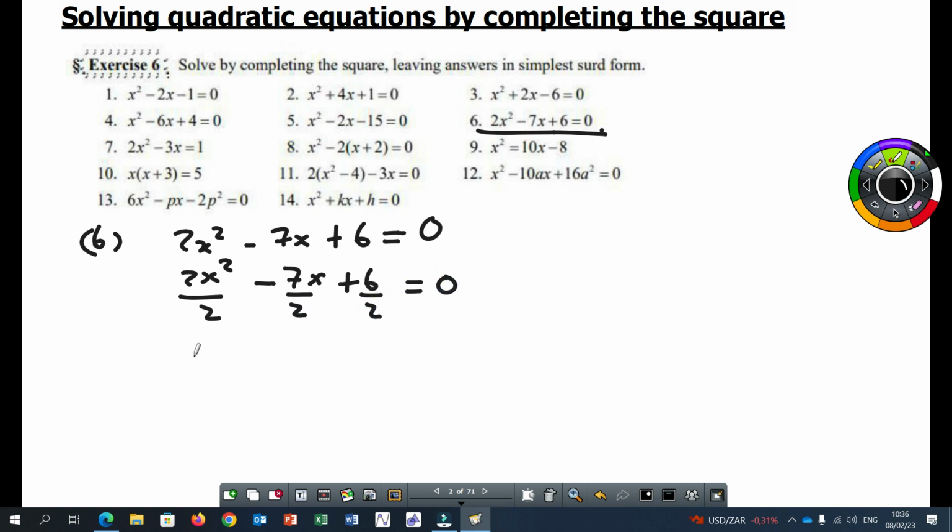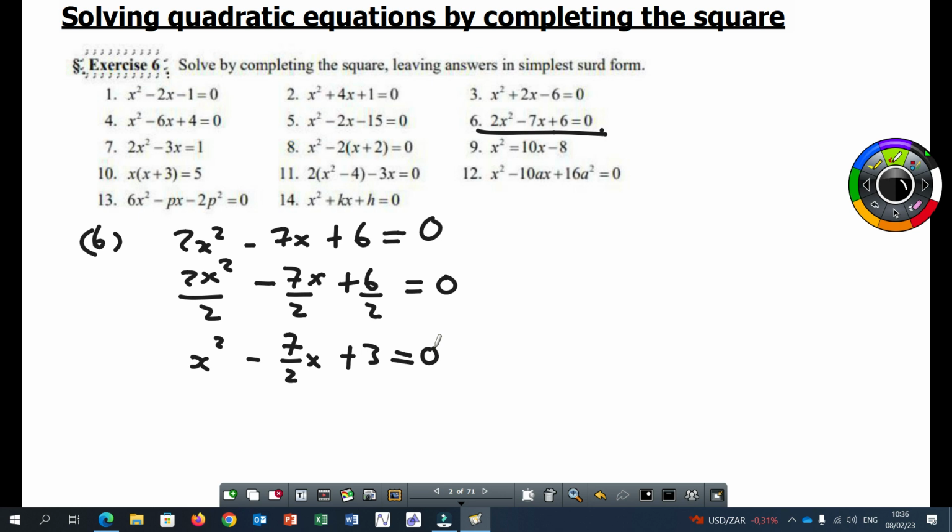If you do that, you get a new equation, which will be x squared minus 7 over 2x plus 3 equal to 0. Now it's simplified for me to use the method of completing the square.